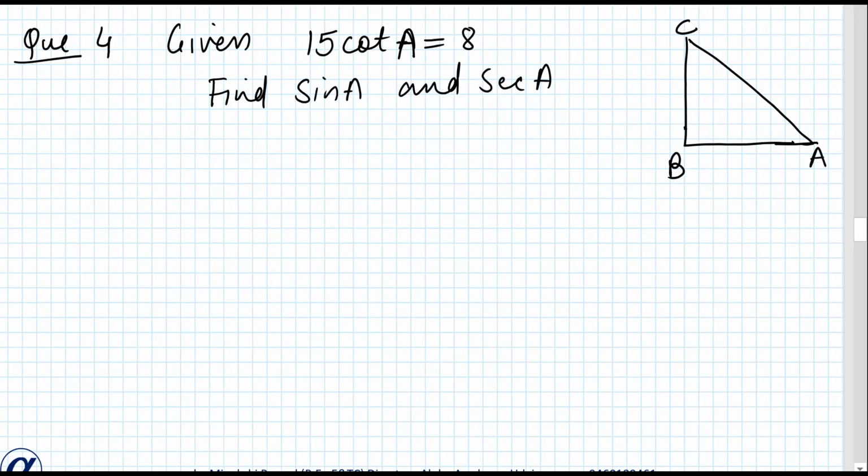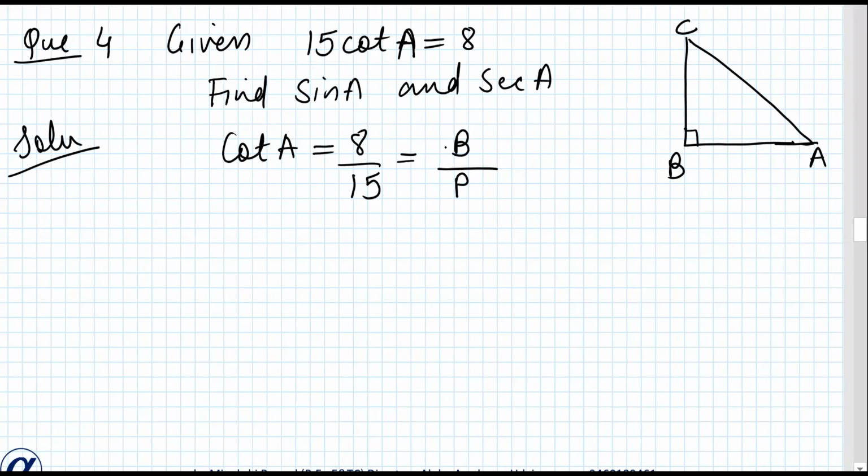Now cot A, from the question we can say that cot A equals 8 by 15. And what is cot? Base upon perpendicular. So if angle A is under consideration, what is base?